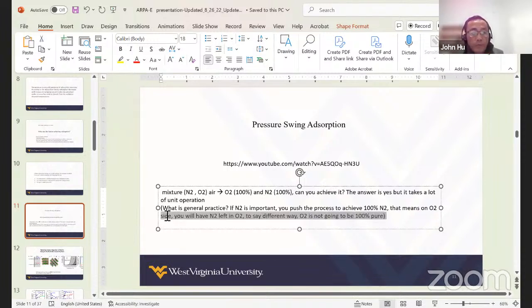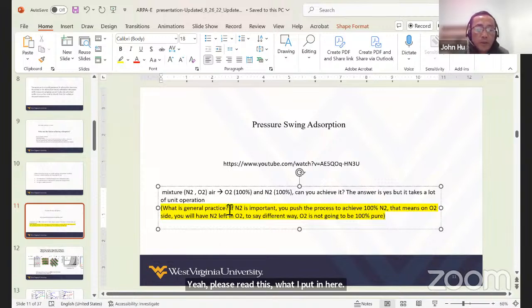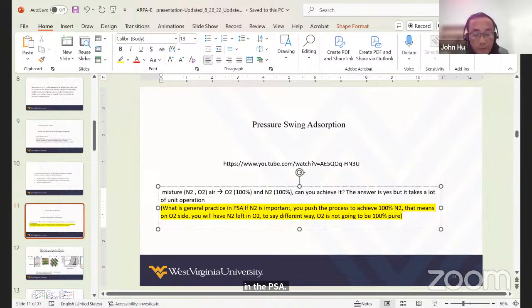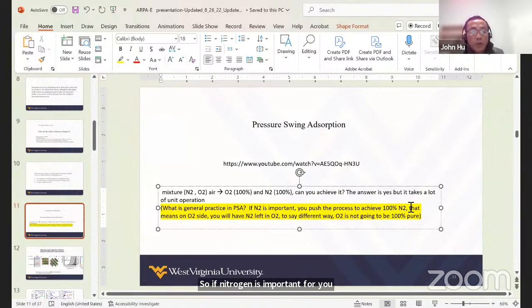Please read what I put in here. What is the general practice in PSA? If nitrogen is important for you, you push the process to achieve 100% nitrogen.